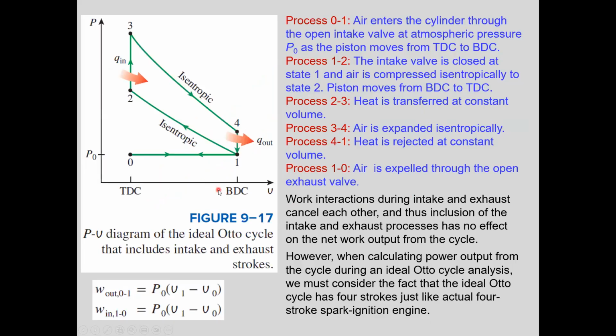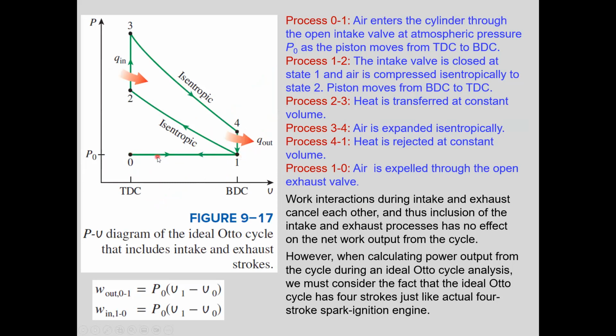In this ideal Otto cycle, intake and exhaust strokes are included. The cycle is like this: 0 to 1 is the constant pressure intake process, where the piston goes from top dead center to bottom dead center.